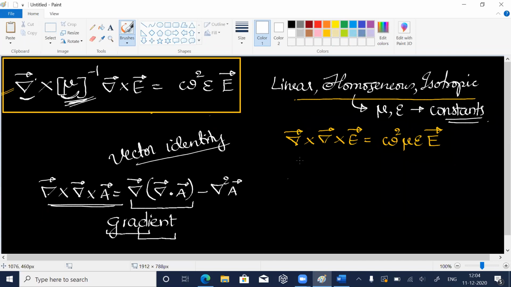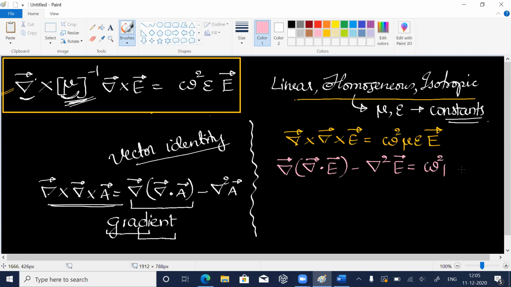Okay, so I just apply it over here. So if I apply this over here, this becomes gradient of divergence of E, all right, minus Laplacian of E is equal to omega square mu epsilon E. All right.